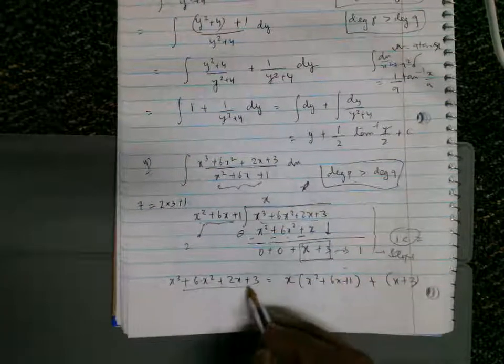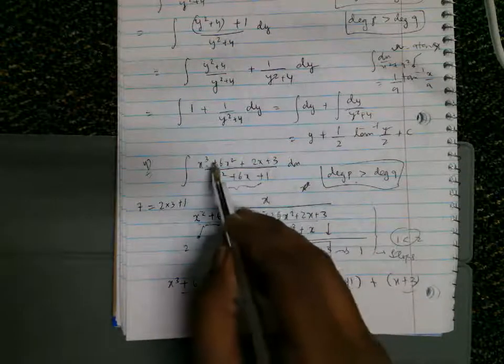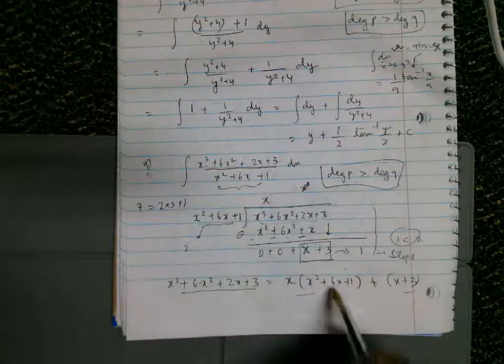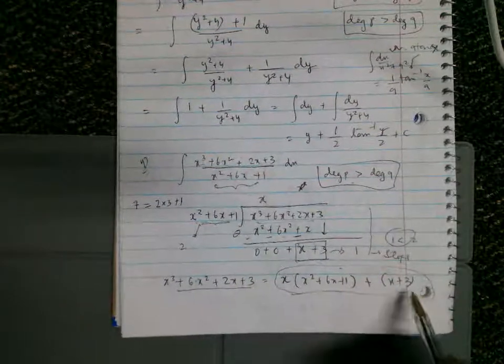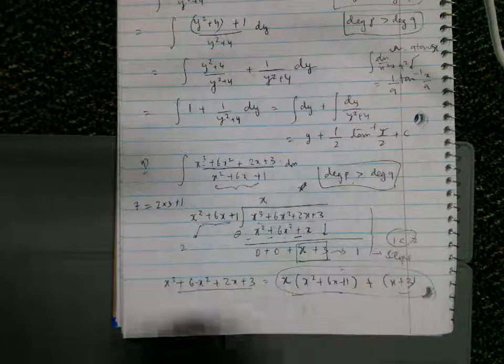So this is our polynomial, and this is this. Now, instead of this whole thing here, I can substitute this value because these two are equal. So I can substitute this value in the numerator, and let's see what happens.